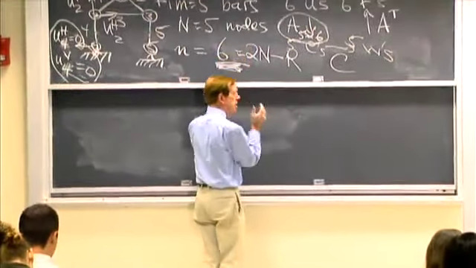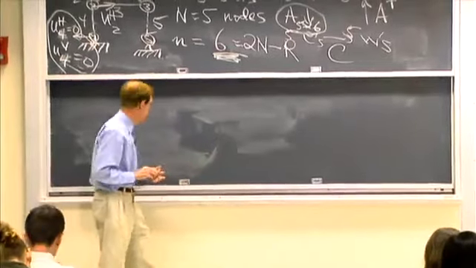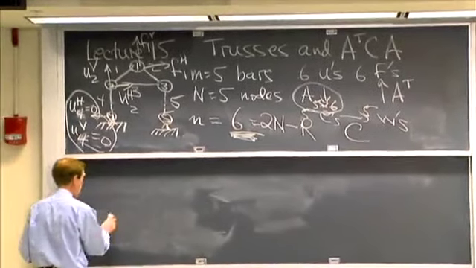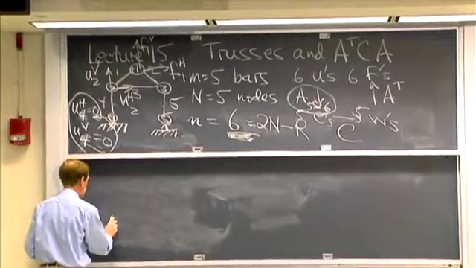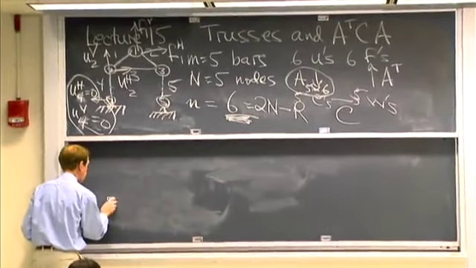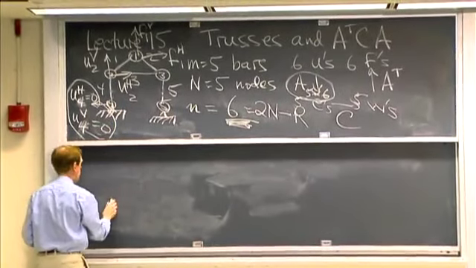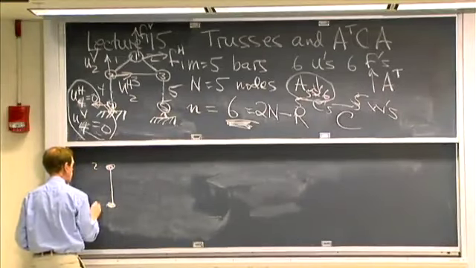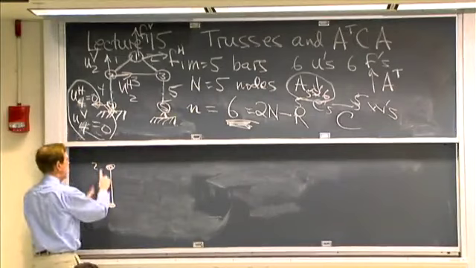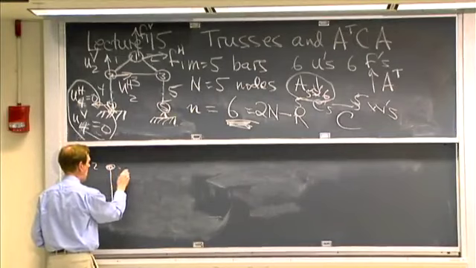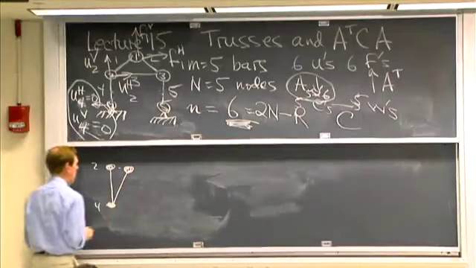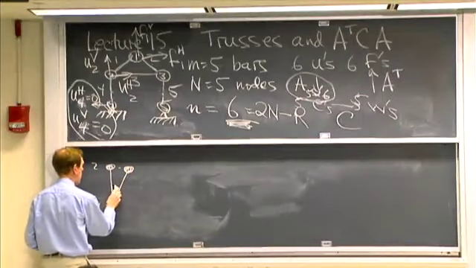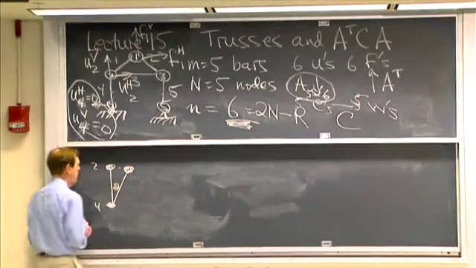So this is like a little timeout, just to focus in on node 2. So here's the bottom node 4, so it used to be vertical up to 2. This was node 2 and this was number 4. And then it rotated a little to this position, this angle, let's say, theta.